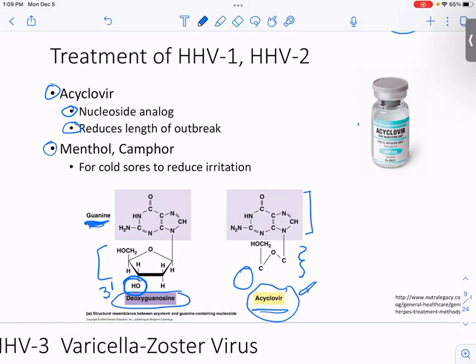So interestingly enough, when you start Googling things about a disease, it can kind of take you down rabbit holes. Interestingly, one number, the WHO, the World Health Organization, estimates that 500 million people worldwide are infected with herpes.